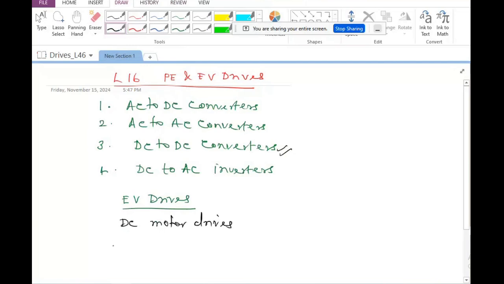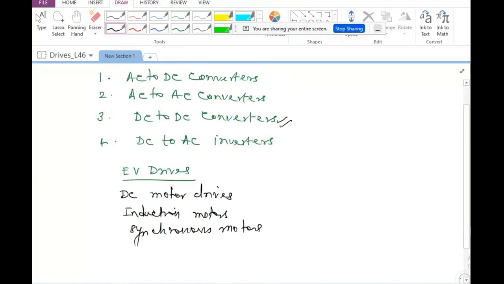Rather than that, we are planning to look at conventional motors like induction motors and synchronous motors, and how we can control the speed of these motor drives with the help of inverters. This we will be looking at.